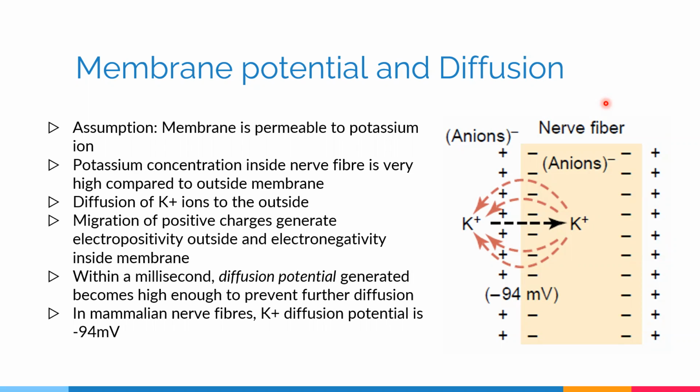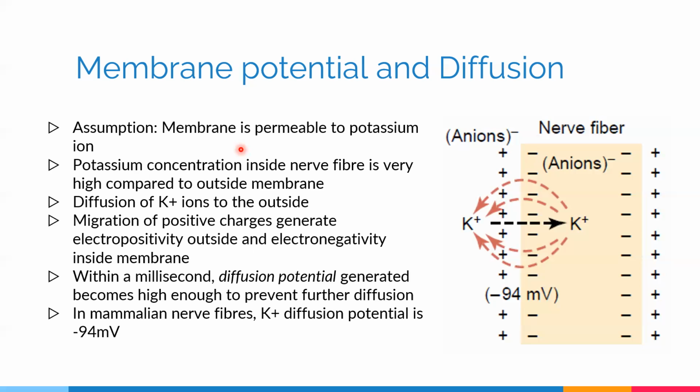Here we are going to look at two examples, potassium and sodium. First off, we have a potassium ion, and the cell we are going to look at is a nerve cell, because that is what we are going to discuss in later parts of these slides. The assumption we will take first off is that the membrane is permeable to only potassium ions and no other ions are present anywhere else.